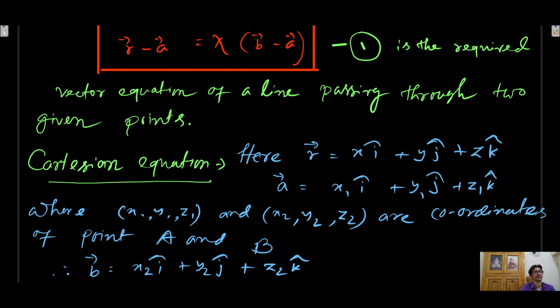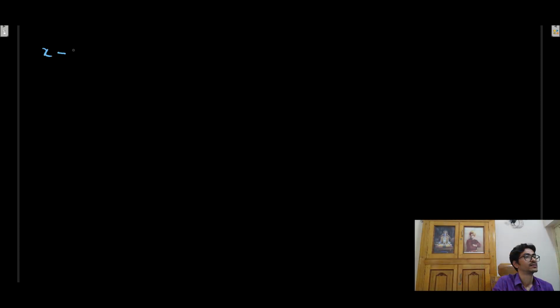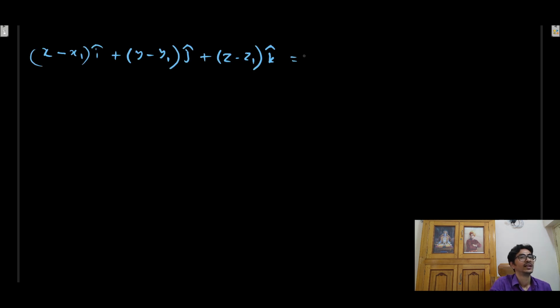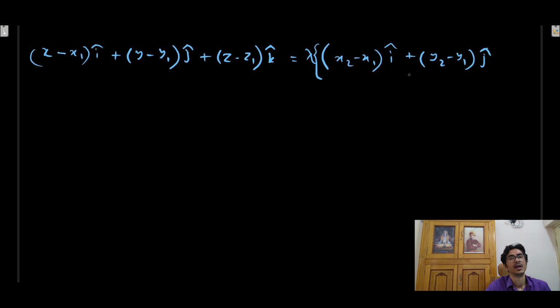So in the next slide, x minus x1 i cap plus y minus y1 j cap plus z minus z1 k cap equals lambda times x2 minus x1 i cap plus y2 minus y1 j cap plus z2 minus z1 k cap.